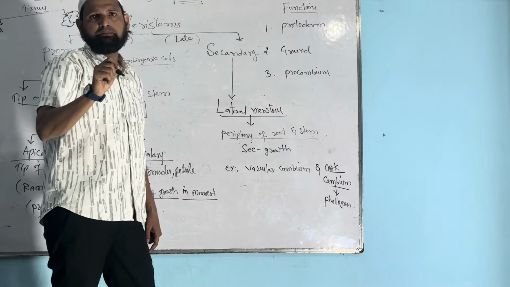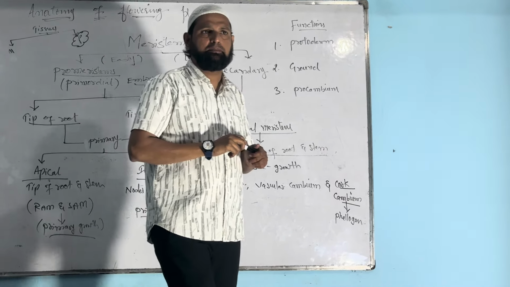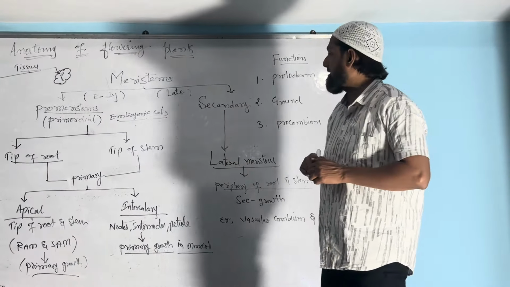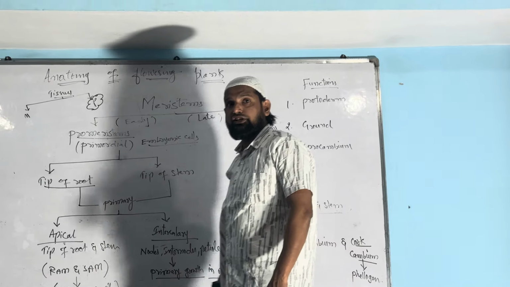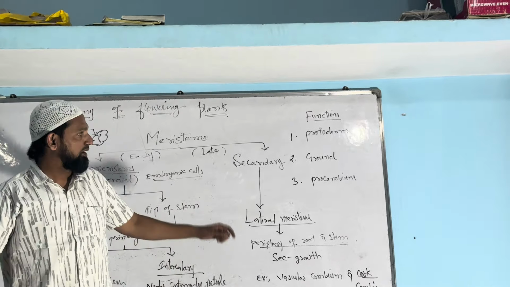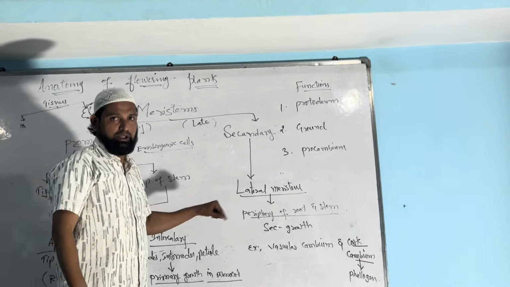So protoderm, ground and procambium are the three types of meristem based on their functions.